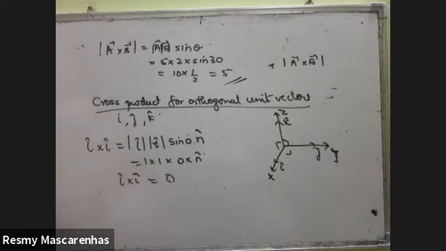Similarly, J cross J will also be equal to 0. Same thing. Between J and J again angle will be 0. And K cross K also will be 0. So cross product with the same letter will always be equal to 0. And dot product with the same letter will always be equal to 1. So write it in the box and keep.